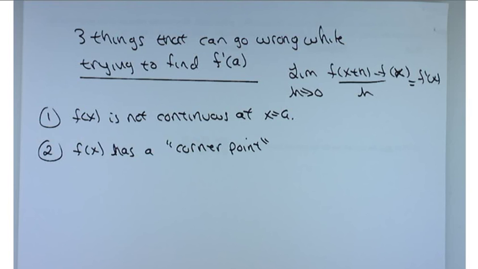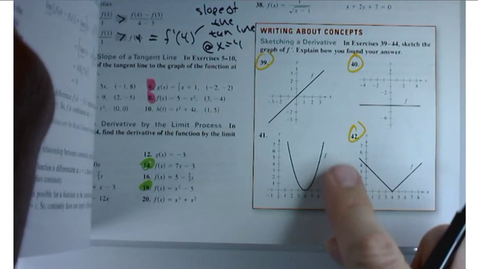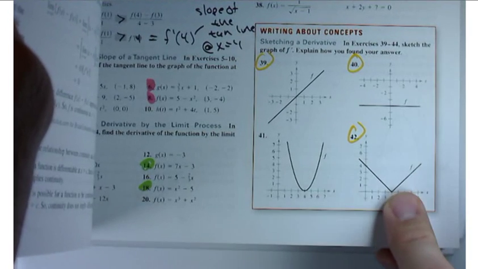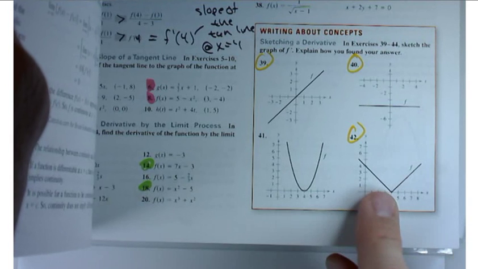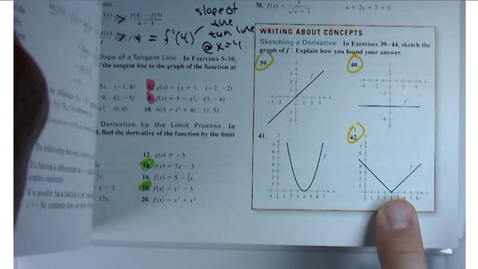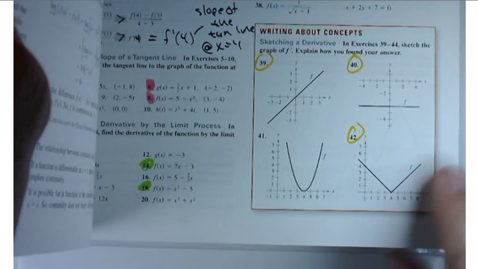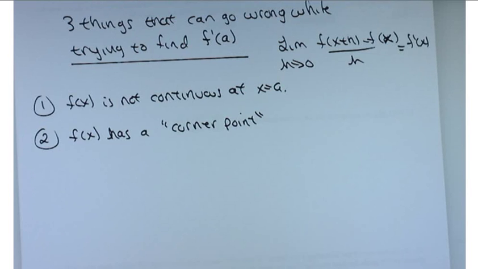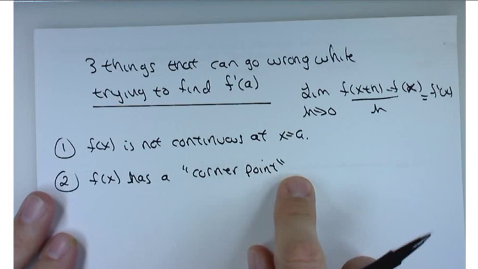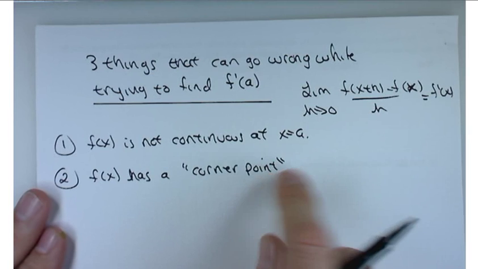But if you have a corner point on your graph, then when you start trying to calculate this limit at that corner point, and let's look back at problem number 42 real quick, the limit from the left and the limit from the right, well, the slope of the tangent line is going to be different depending on which direction you're coming from. One way it's going to be -1, the other way it's going to be +1. The bottom line is that that limit is not going to exist for such a corner point.